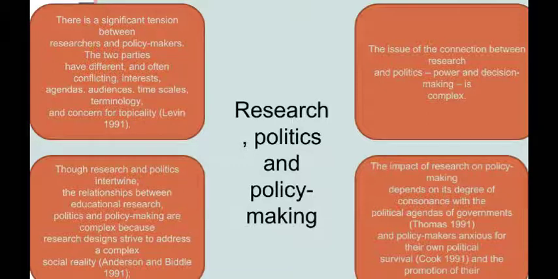The relationship between educational research, politics, and policy making is complex because research design strives to address a complex social reality. The issue of the connection between research and politics, power, and decision making is complex. The impact of research on policy making depends on its degree of consonance with the political agenda of government.